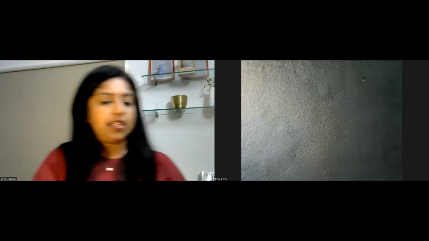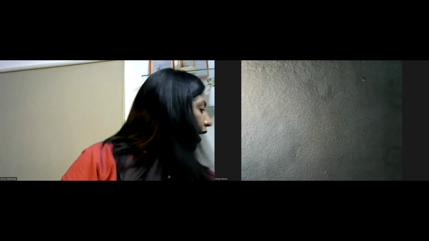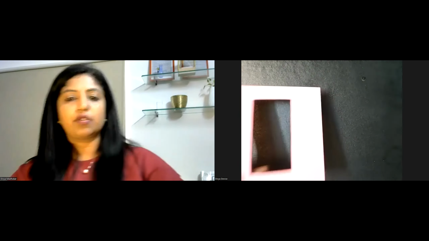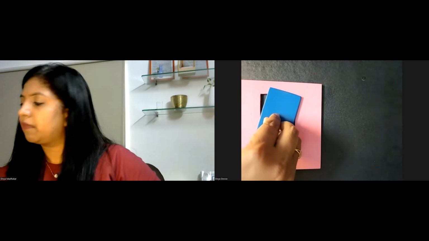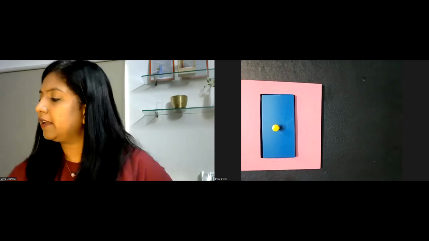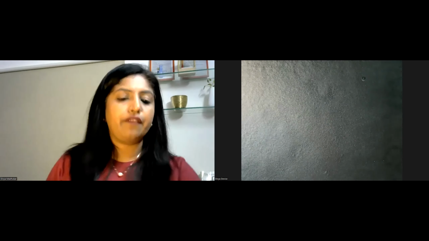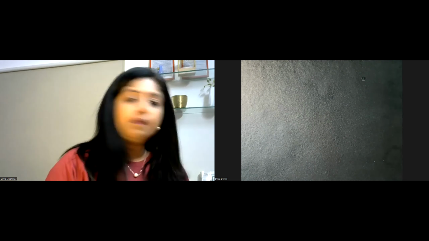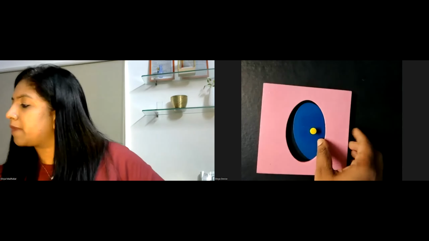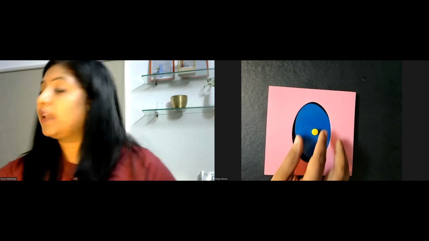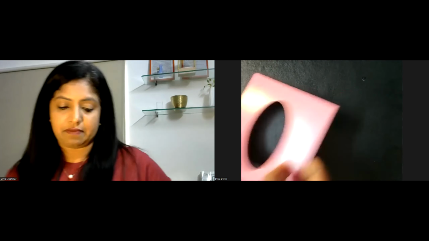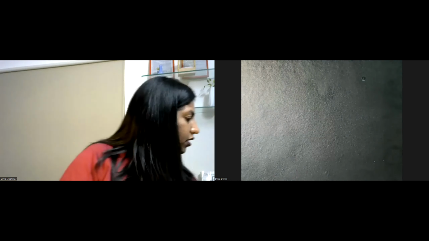The third is my rectangle. So this is my rectangle. Then what else could I have? I could have an oval. This is my oval. Then I could have a pentagon.